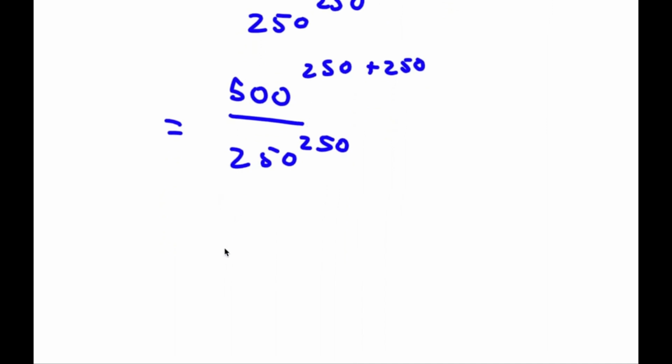Now, if I have something in the form a to the power of m plus n, this is equal to a to the power of m times a to the power of n.